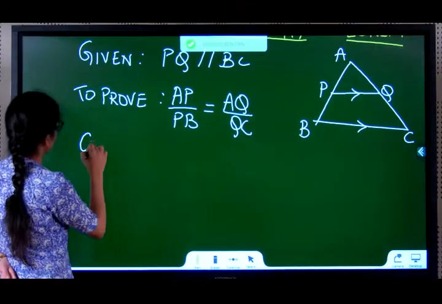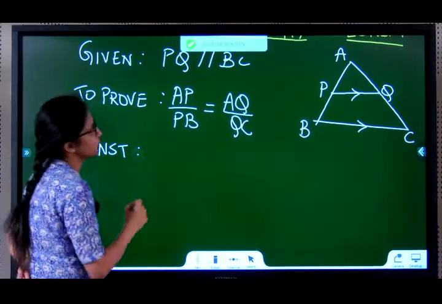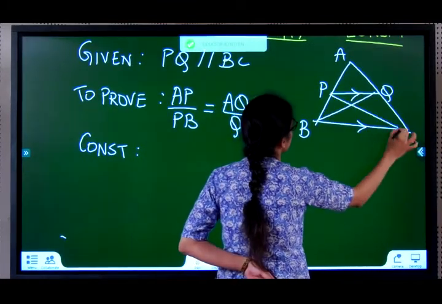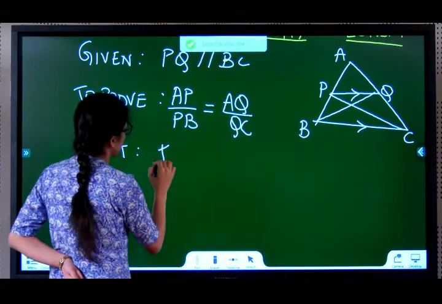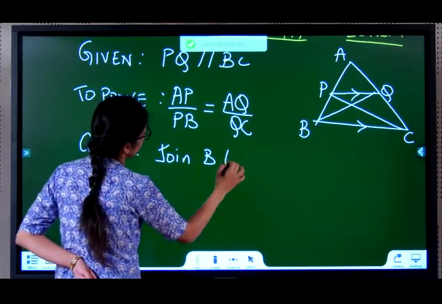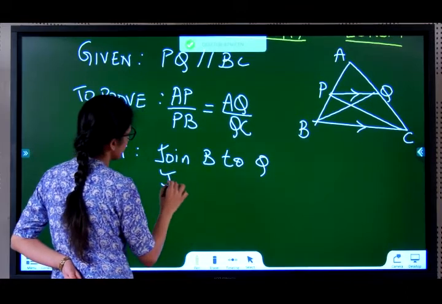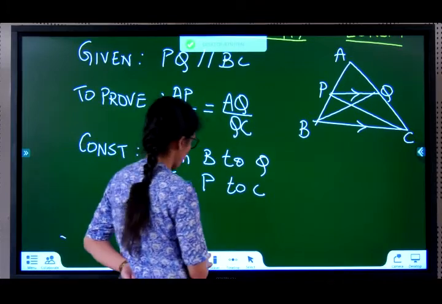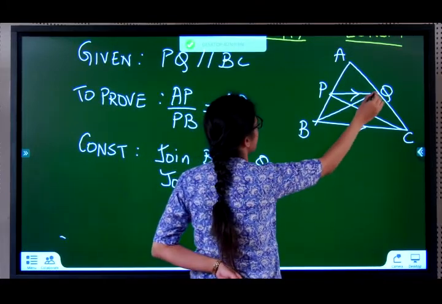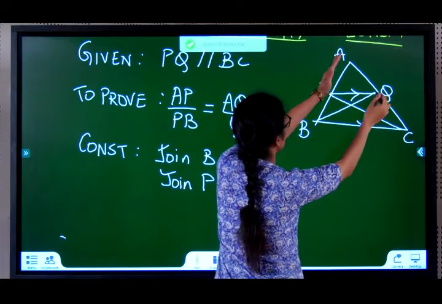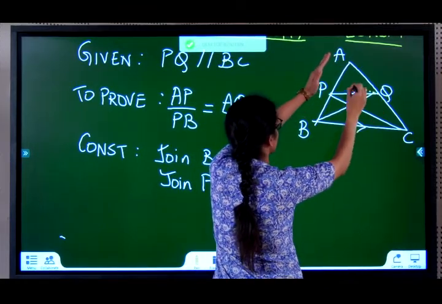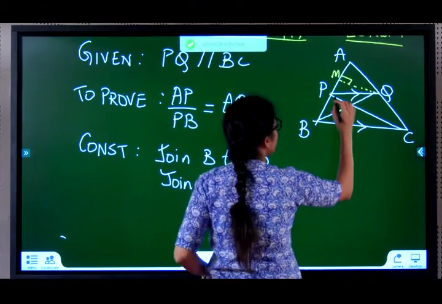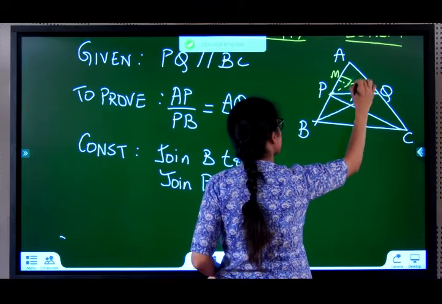You have to do a little construction before we do the proof. So construction, join B to Q and join P to C. Next, from Q, drop a perpendicular to AB. This is AB. From Q, I should drop a perpendicular. Let's call this M. From P, drop a perpendicular to AC.